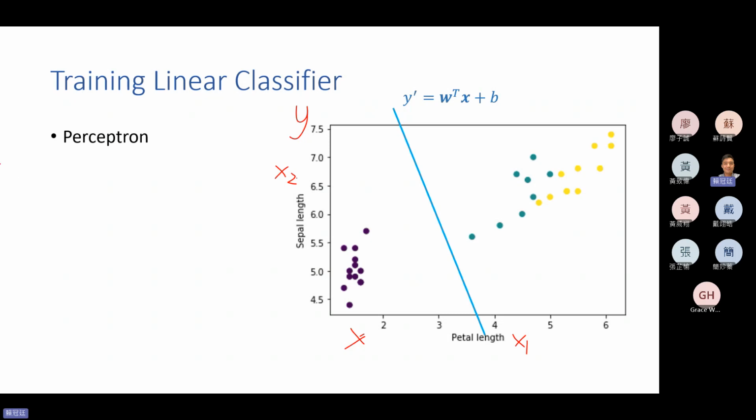Here we represent our horizontal data, petal length, as x1 because it's feature 1, and the sepal length as x2, feature 2. Right. And each one has a weight. Y is the answer. So the linear function, we see.